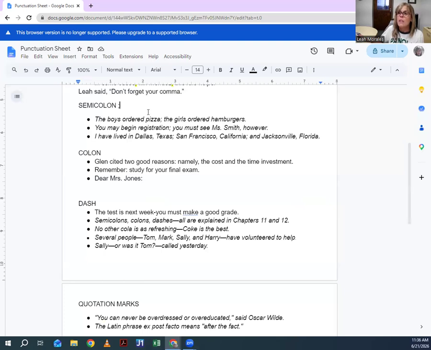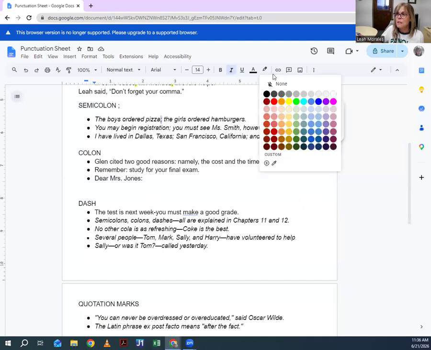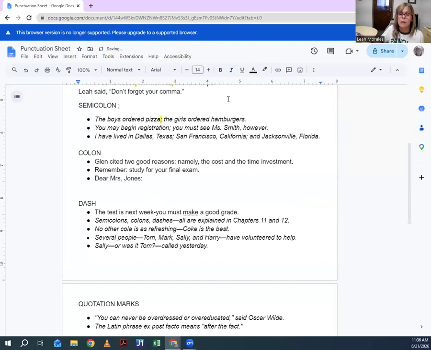Instead of writing the boys ordered pizza and the girls ordered hamburgers, you can just say the boys ordered pizza, semicolon, the girls ordered hamburgers. And that is correct. This is a sentence that could be made into two sentences, or you could put a comma and put and, but it is also correct to just use the semicolon between the two, okay?